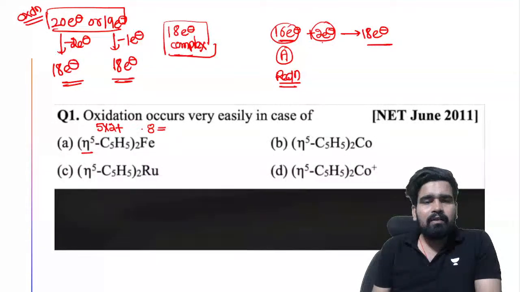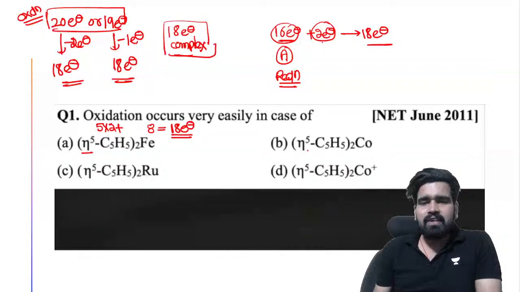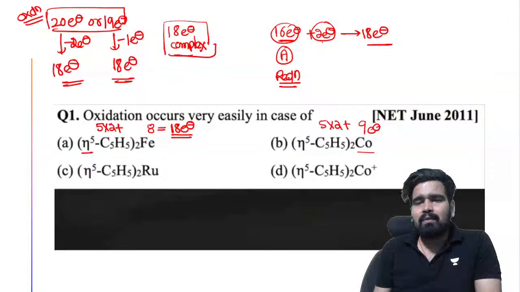So there will be 18 electrons in this complex. Second one, there is cobalt. Manganese, iron, cobalt. Cobalt will give 9 electrons, and there are 2 Cp, 5 into 2, so the total will be 19.